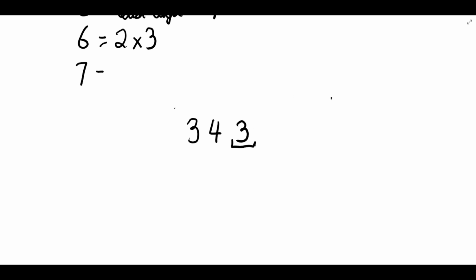So in this case it's 3, double would be 6, and subtract 6 from the remaining digits. So 34, not 3, don't include 3 in this. 34 minus 6, you have 28. And you know that 28 is a multiple of 7. So that means 343 is divisible by 7.